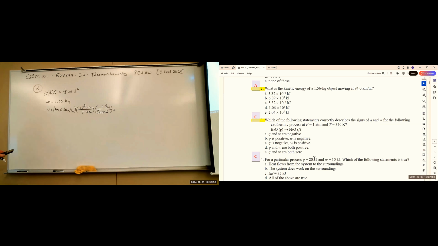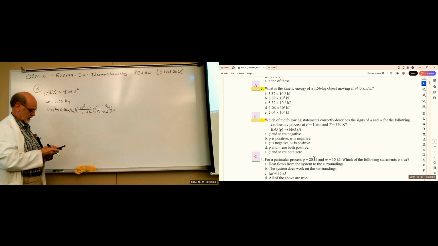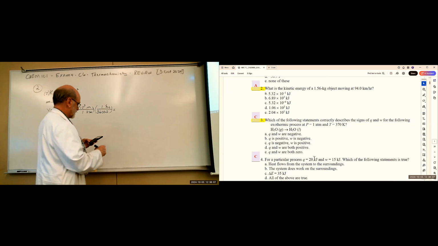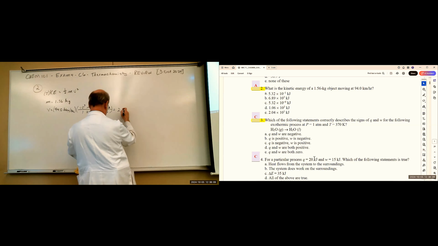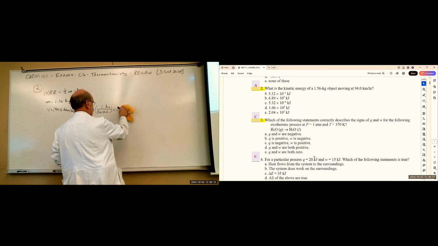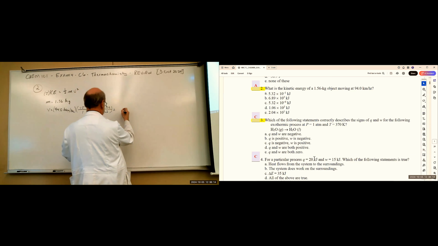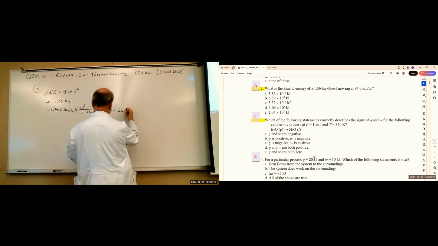94 and 1,000 divided by 3,600 is 2.61. Oops, what by scientific notation? 26.1. Let's just give it another one to avoid rounding errors.